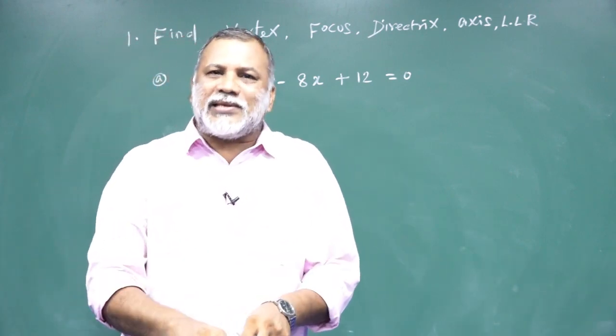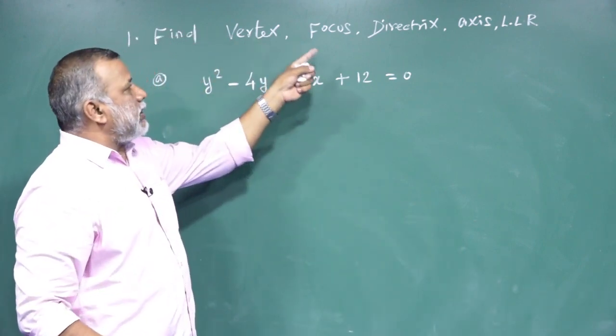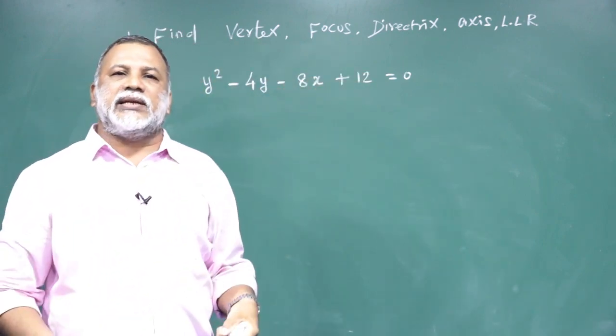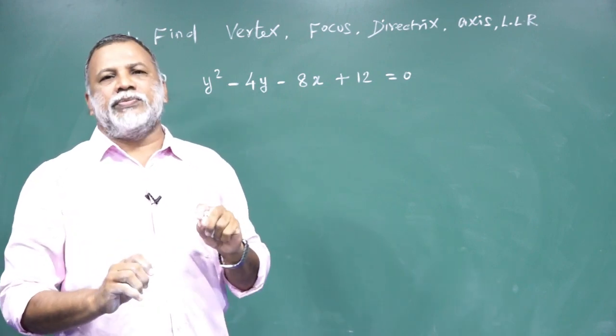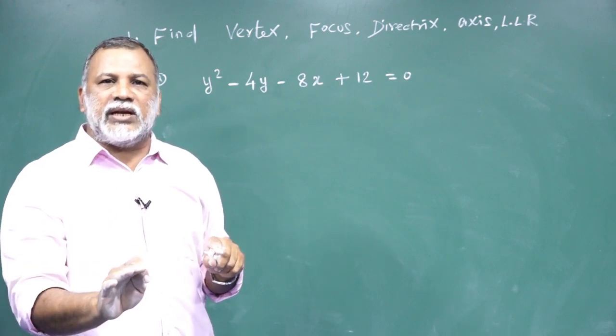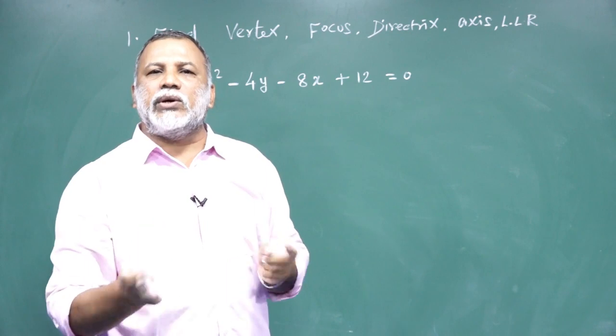Yesterday, in the previous class also, we discussed the same topic. Find the vertex, focus, directrix, axis, length of the latus rectum, equation of the latus rectum. The question may be asked at the same time. But the given equation, we are able to justify directly with any one type of the equation.